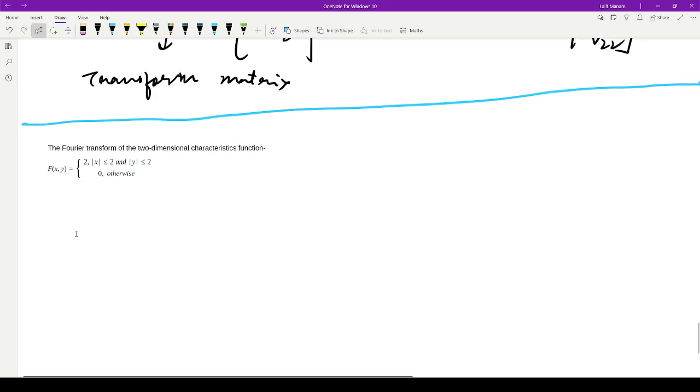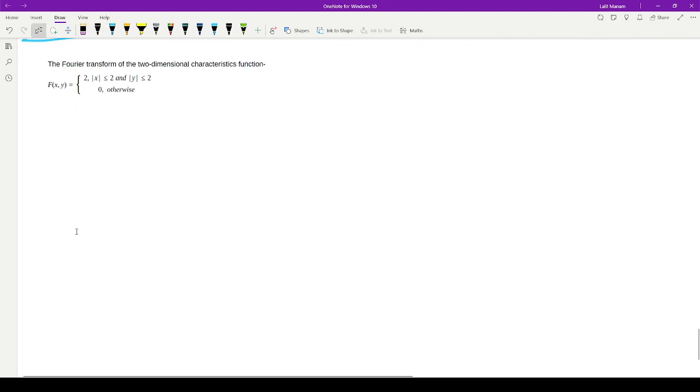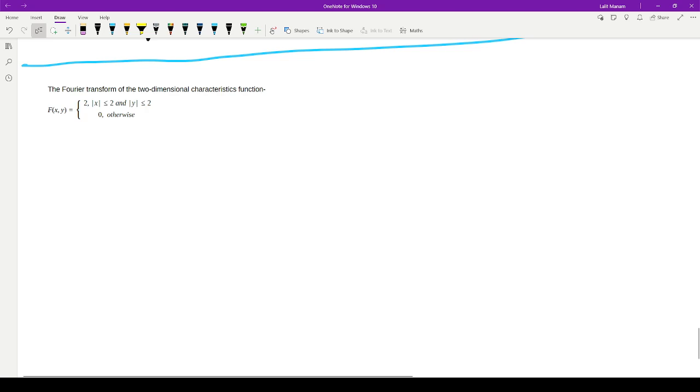So the Fourier transform of the two-dimensional characteristic function is this. Okay. So this is a two-dimensional function which varies with x and y. You need to find the Fourier transform of this. How to do it? How will the function look like?